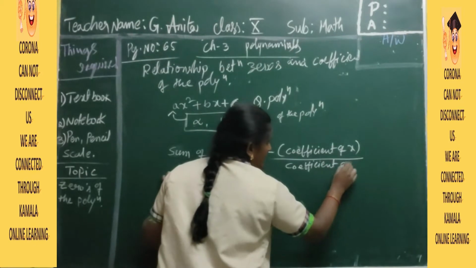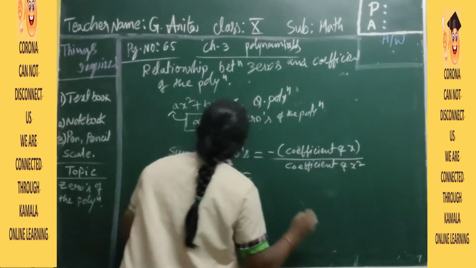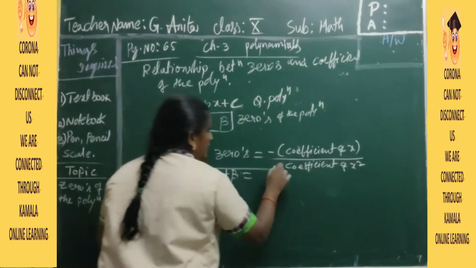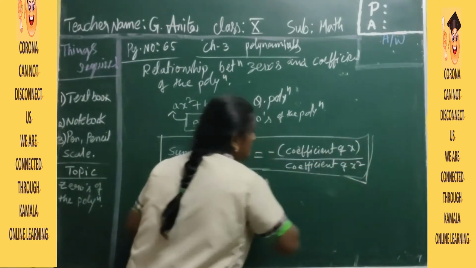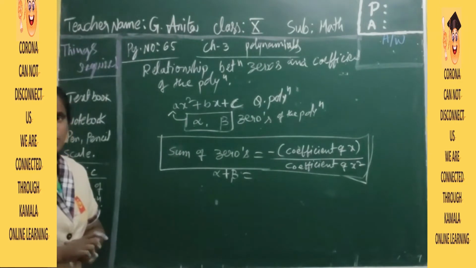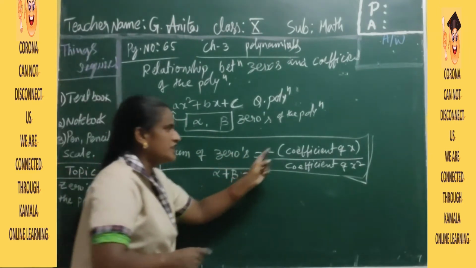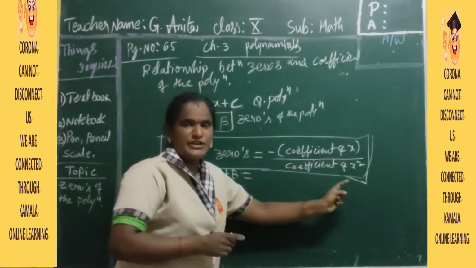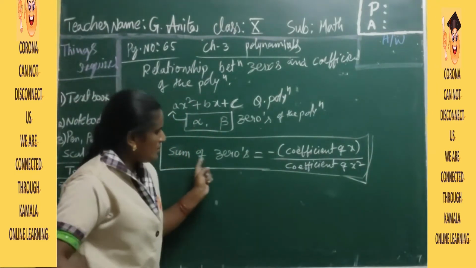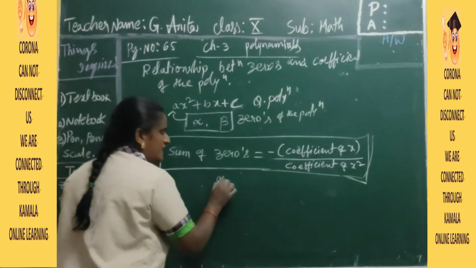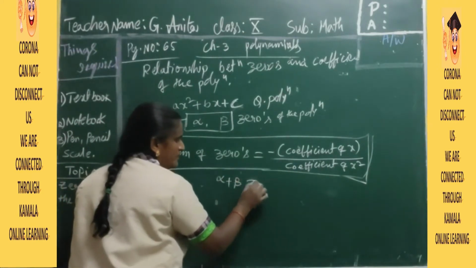This is one type of formula. So sum of zeros is equal to minus of coefficient of x by coefficient of x square. Sum of zeros means alpha plus beta.